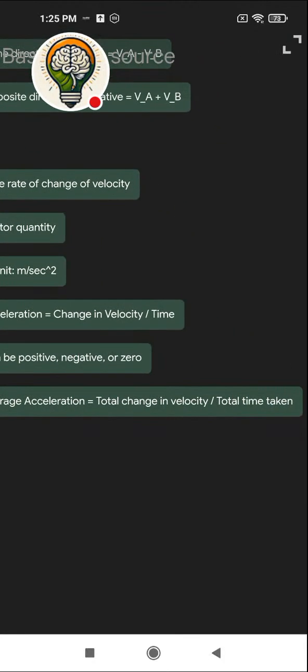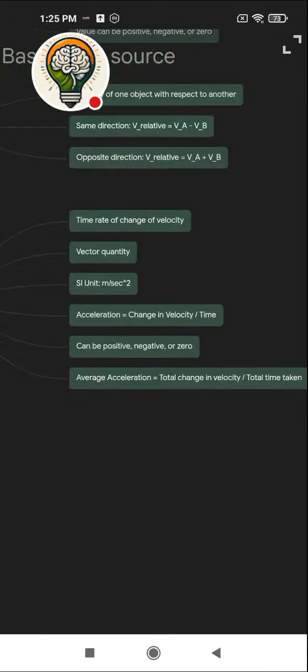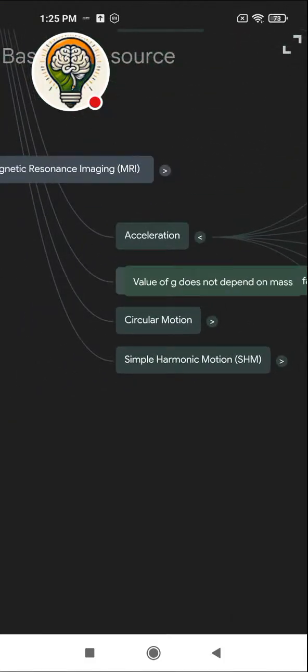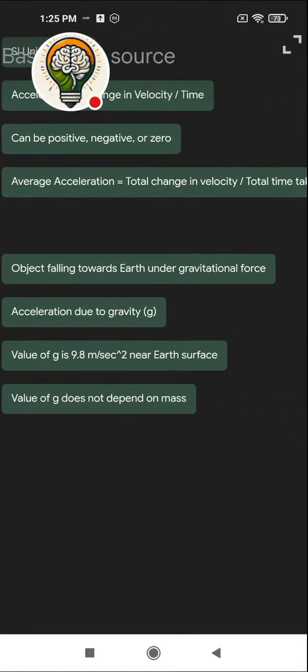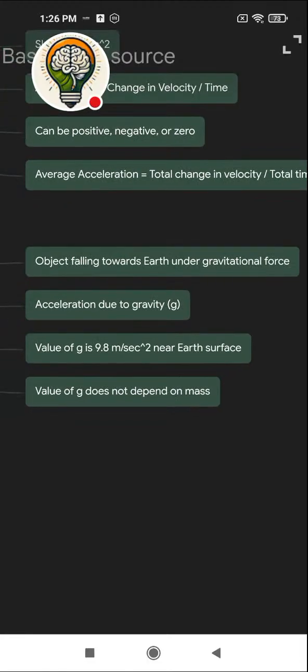Average acceleration is total change in velocity by time taken. Then the free fall motion, so an object falling toward earth under gravitational force, acceleration due to gravity, and the value of gravity is 9.8 meter per second square near earth's surface, and the value of gravity does not depend on mass.